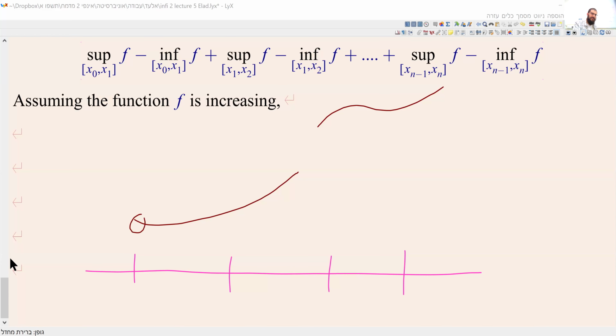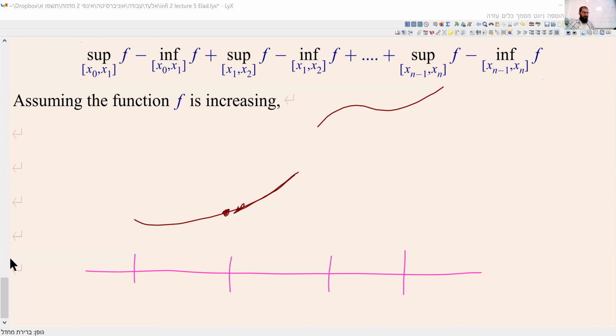Because it's monotone, the sup of every segment, which is intuitively the right end of the segment, is smaller than the inf in the next segment, because the function is always increasing.